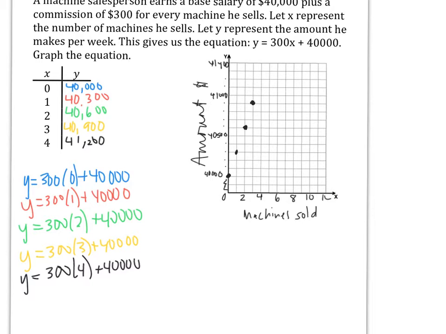And then 4 is 41,200. So right there. And I'll go ahead and connect those and make a straight line. And this would be my graph of the equation y equals 300x plus 40,000.